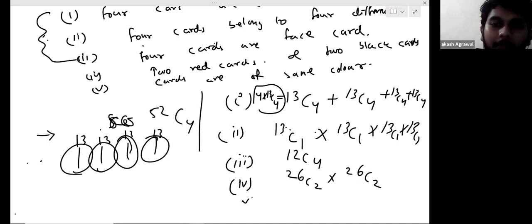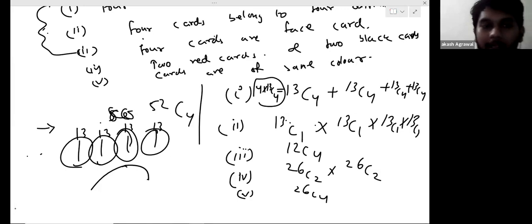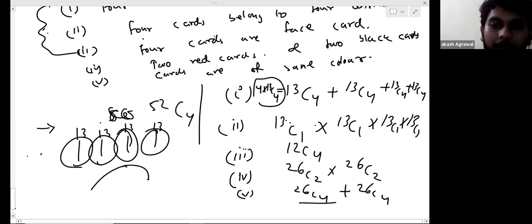Cards are of same color: 26C4 into 26C4. Not into. It can be either red or black, right? Cards can be black or red. So 26C4 plus 26C4.